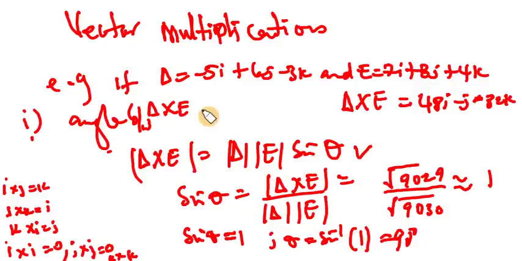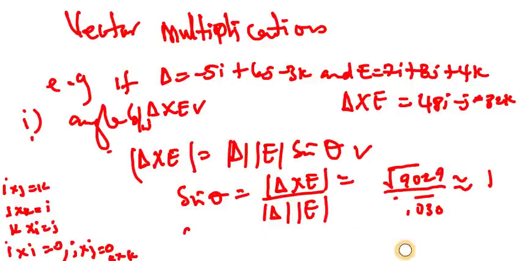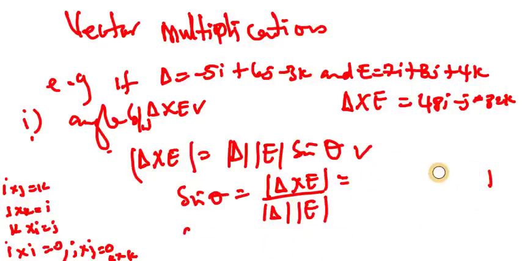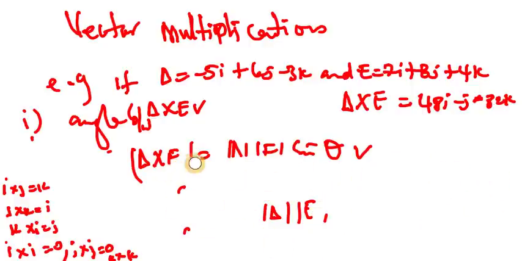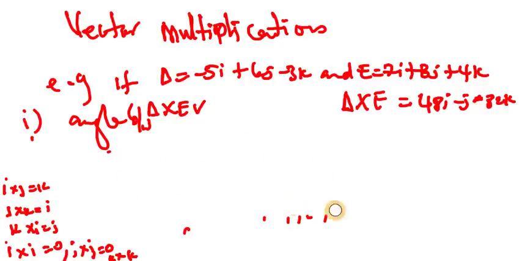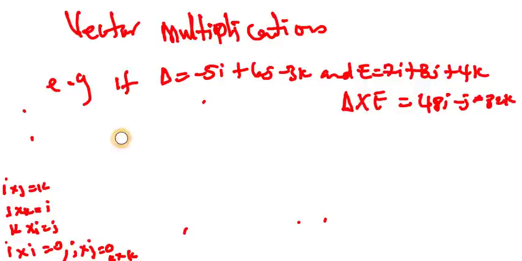So we made use of this because what we have here is cross product. If it is dot product, we still have another relationship for that. Then the last question we are asked is to show that D dot D cross E is 0.